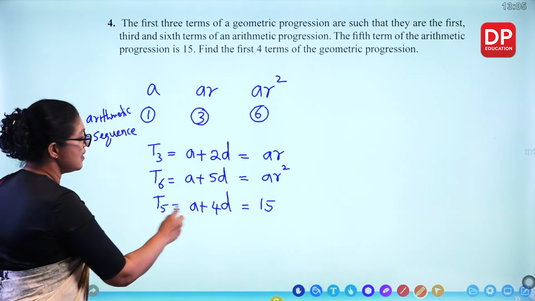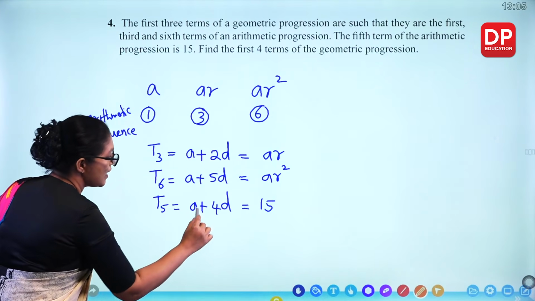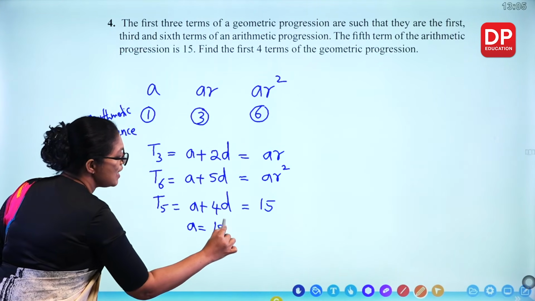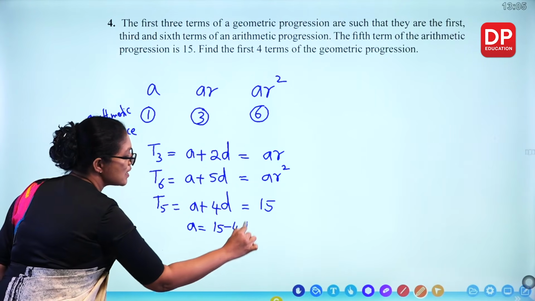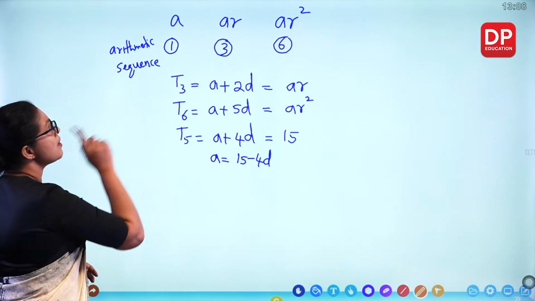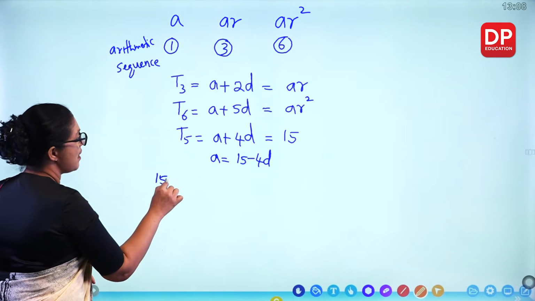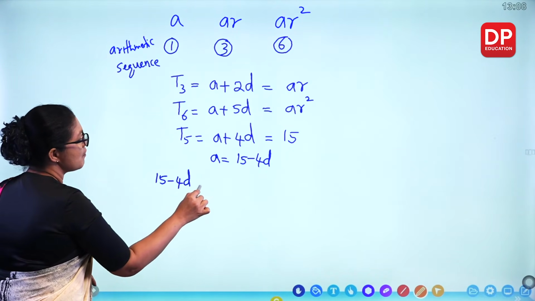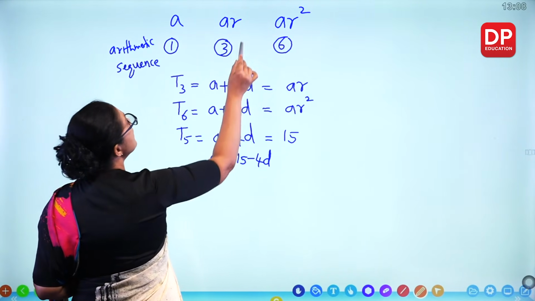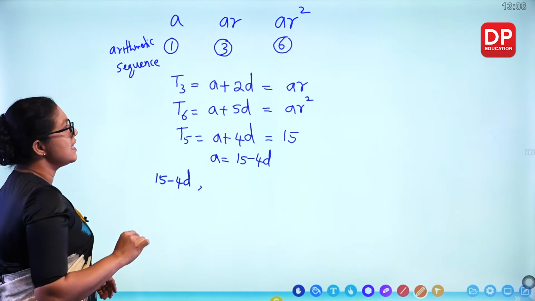Now we can take this equation and rewrite A. So what is A here? A is equal to 15 minus 4d. Now what's the first term of the geometric sequence? That's 15 minus 4d. What's the second term? The second term is A plus 2d.